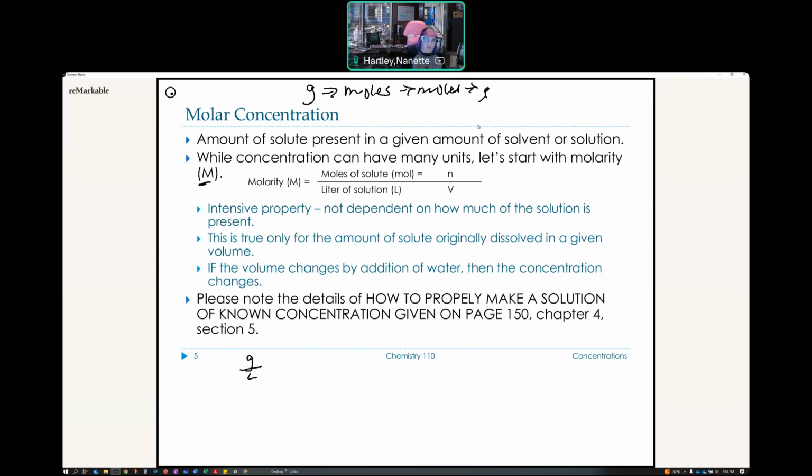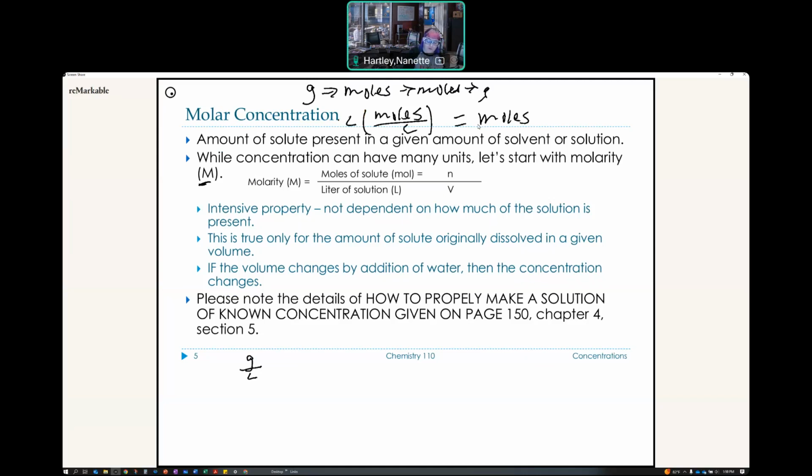Now we're in moles, but it's moles per liter. And so we now have to work slightly differently to get just to moles, because we now have to get rid of that volume. So we can take our moles per liter and multiply it by the volume in liters, and that'll give us the mole.